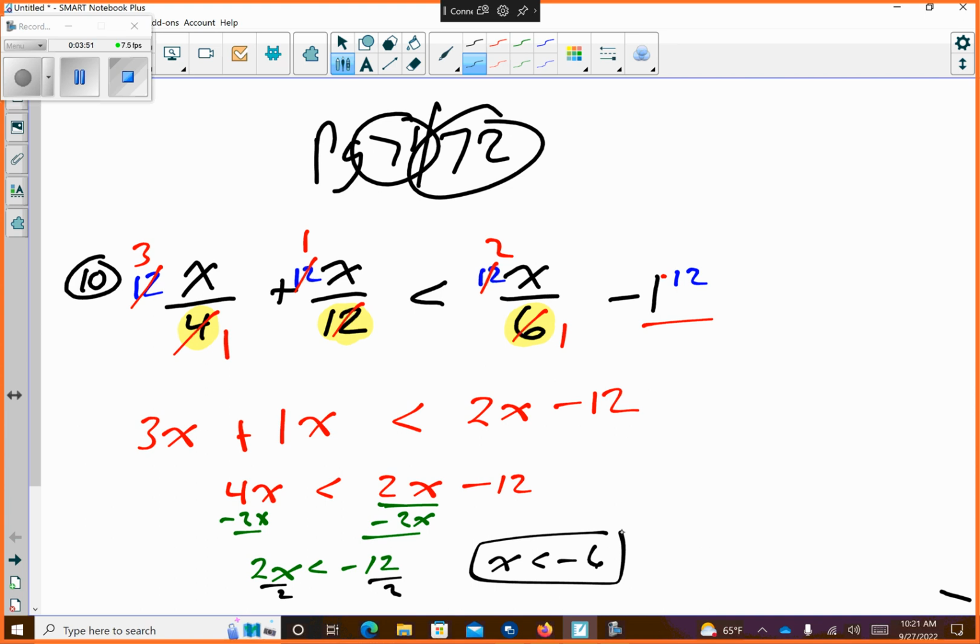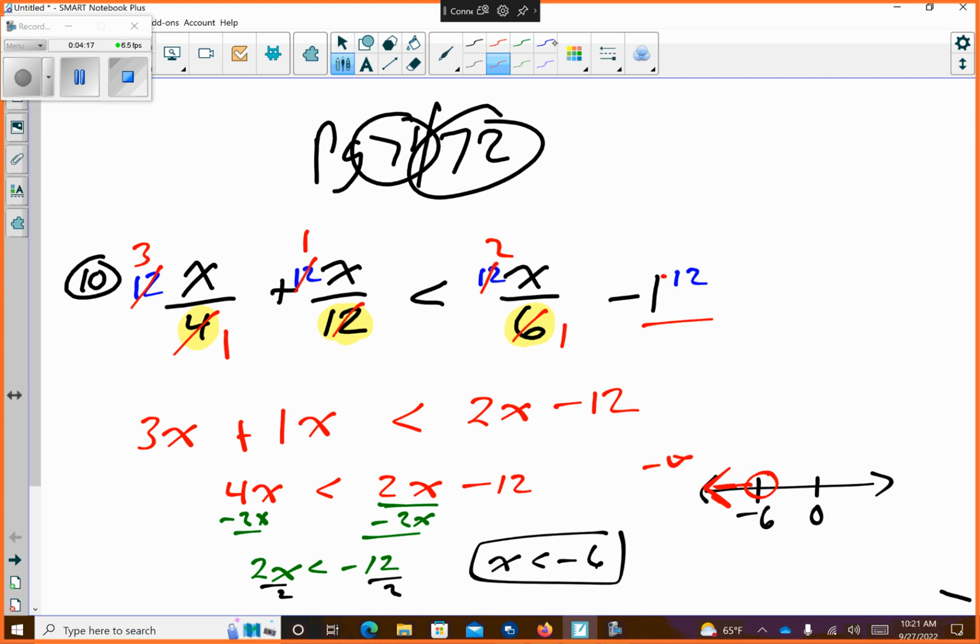It says, now, it doesn't say to do it on a number line, but it's easier for me to write interval notation when we have a number line. So if I have a 0 here and I have a -6 here, do you agree with that so far? Would it be an open dot or a closed dot? Open. Am I shading left or right? Left. What number is really far left? -infinity.